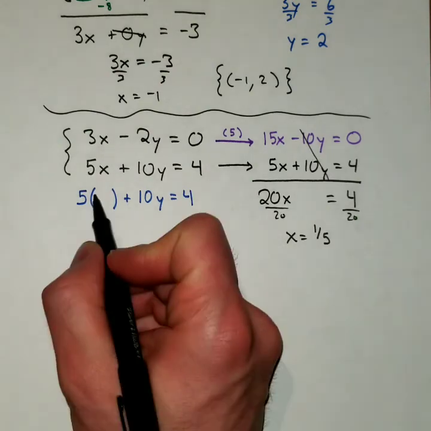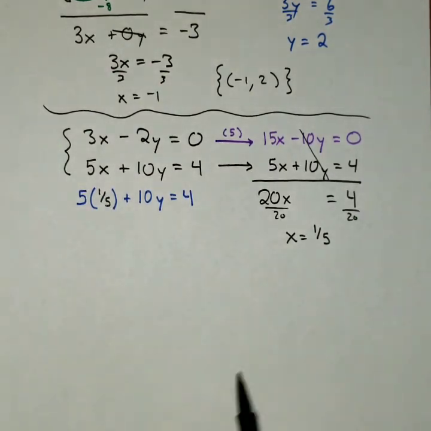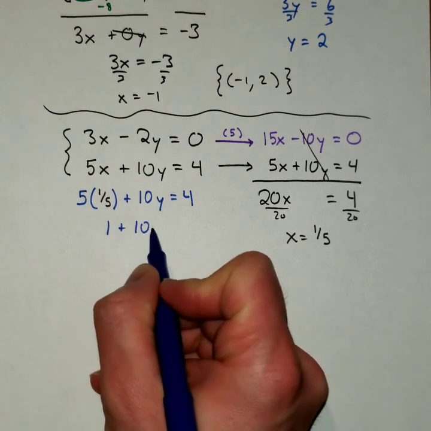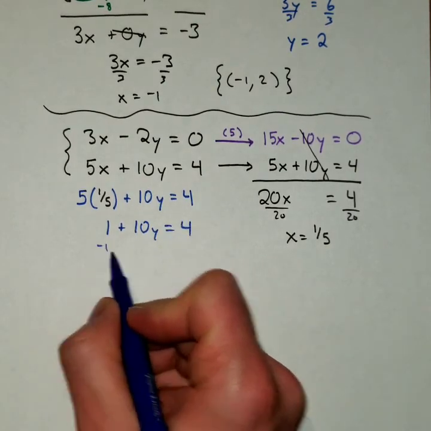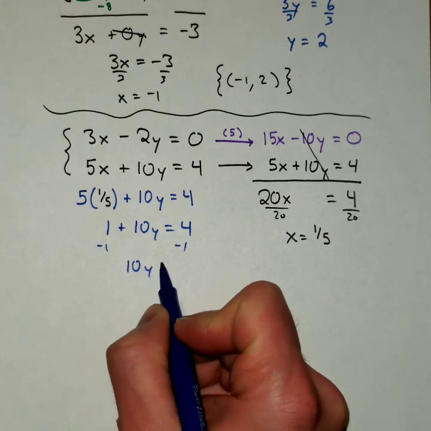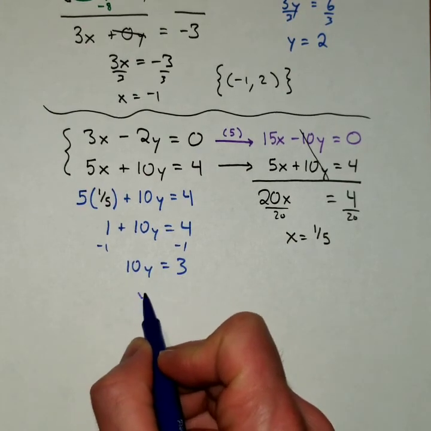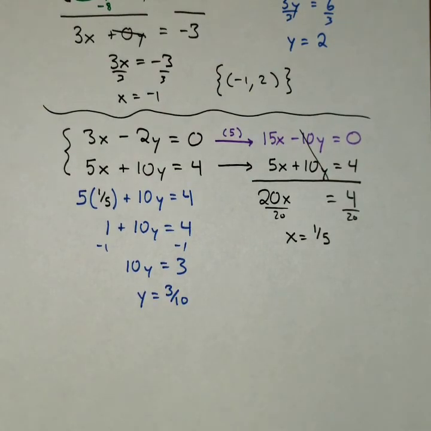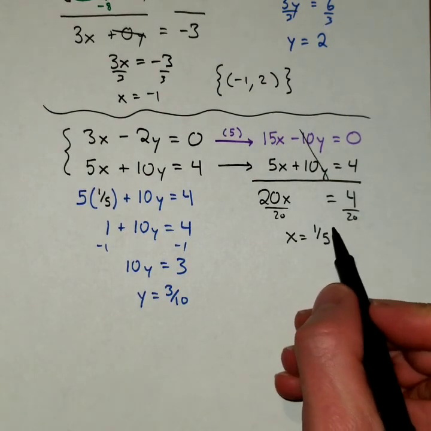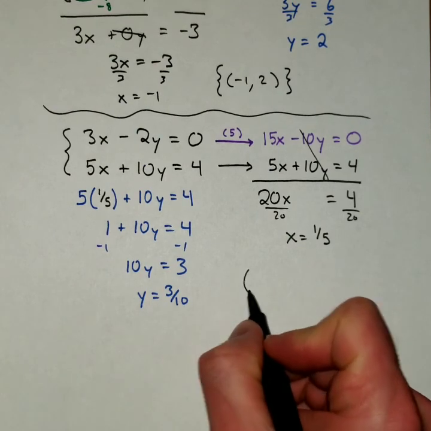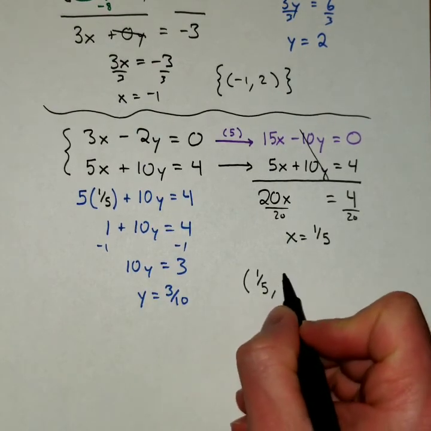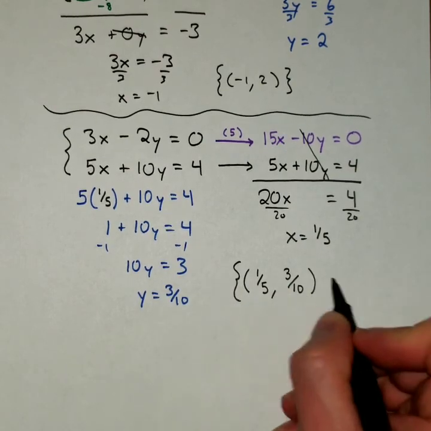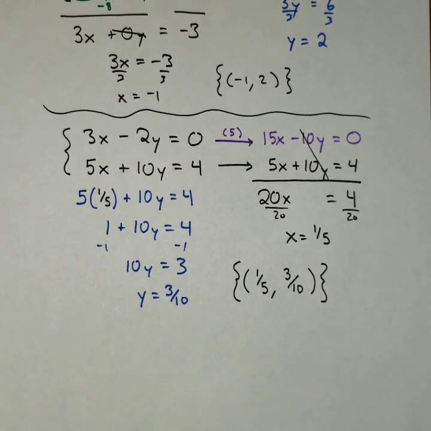The x value becomes 1/5. 5 times 1/5 is 1. Subtract the 1. 10y equals 3. Divide by 10, and you get 3/10. And so the final answer is again the x and the y value combined, 1/5, comma 3/10. Again in set form.